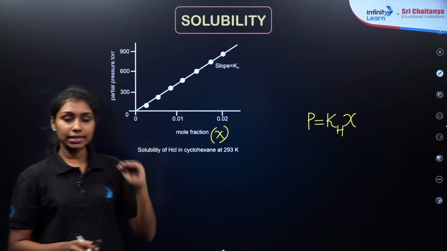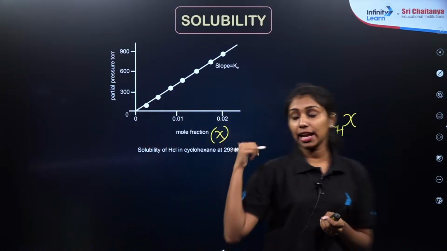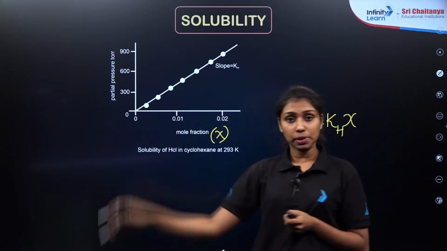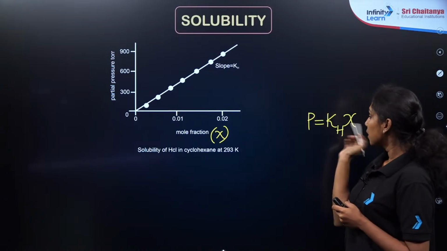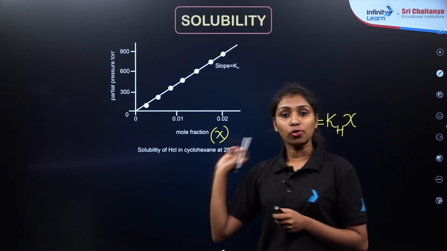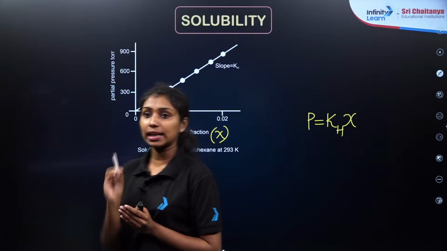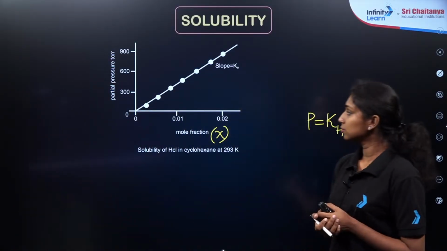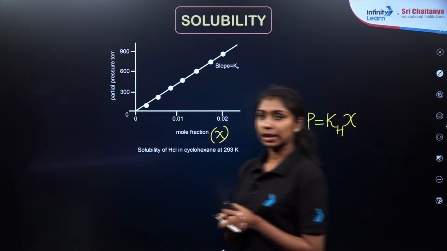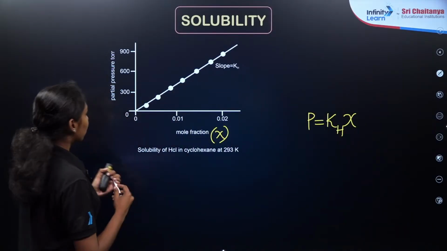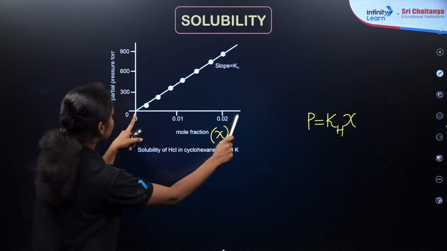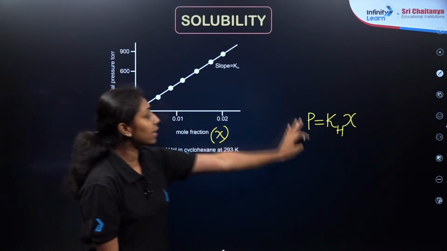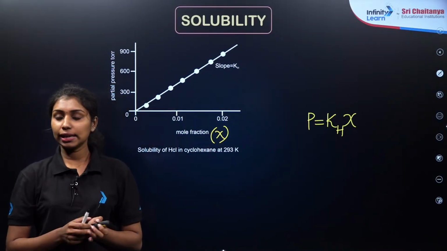So you can draw a graph like this, by use of Henry's law, in which the y-axis contains the partial pressure of the particular solute and the x-axis contains the mole fraction. As you can see, as the mole fraction increases, as the solubility increases, pressure also increases. That is our explanation for Henry's law.